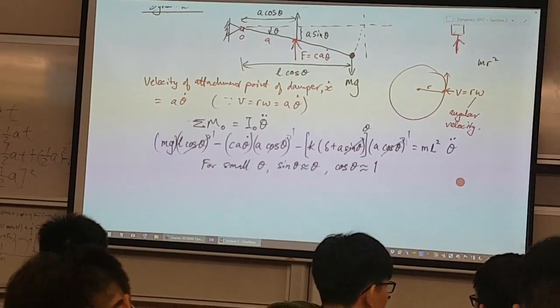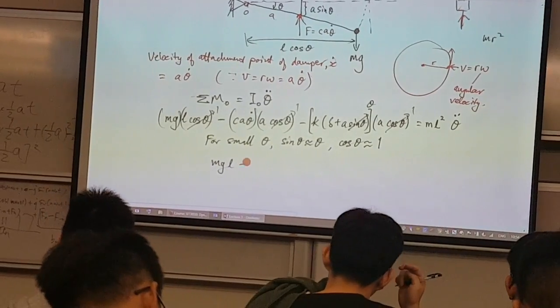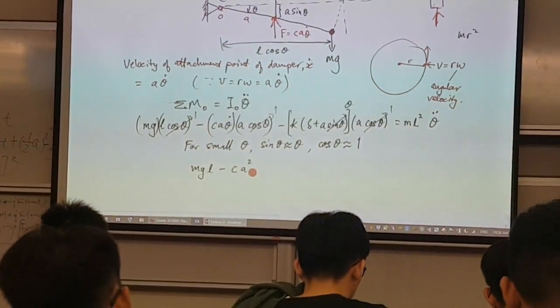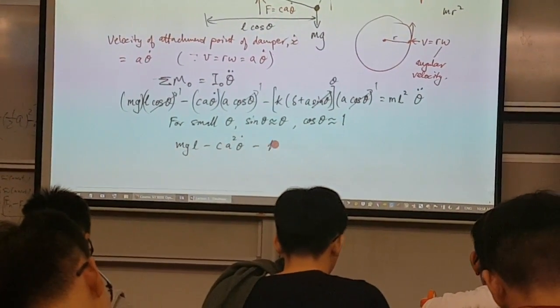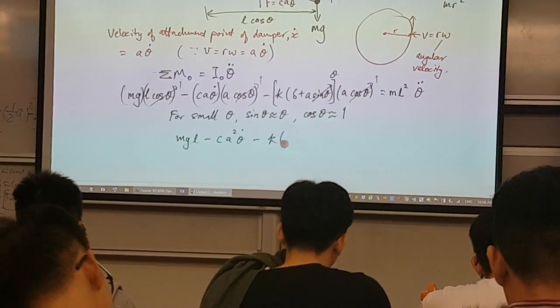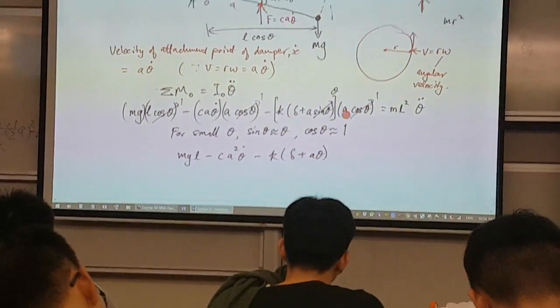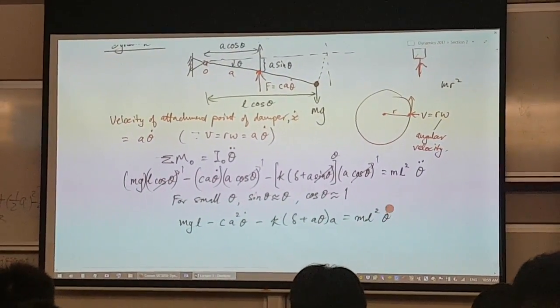I'll tidy it up a little bit. That will be mgl minus c a squared theta dot, minus k times delta plus a theta, multiplied by a, equal to m l squared theta double dot.